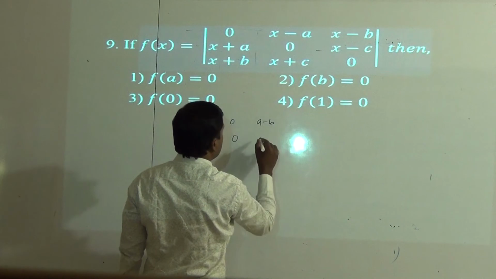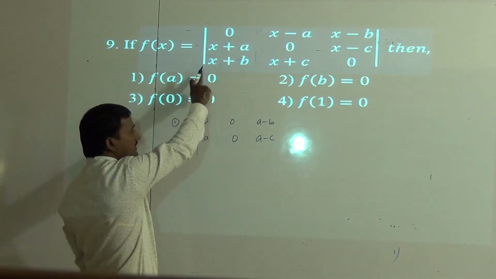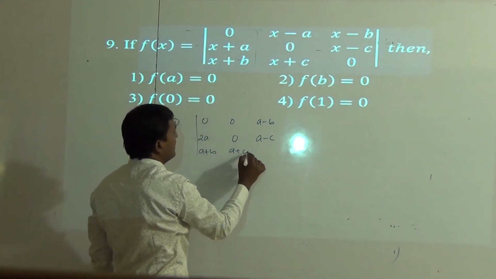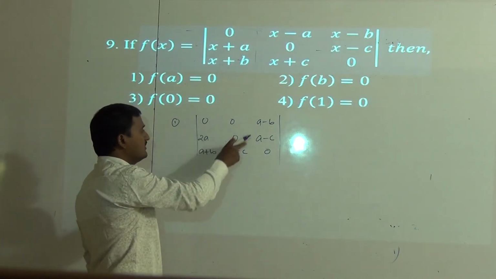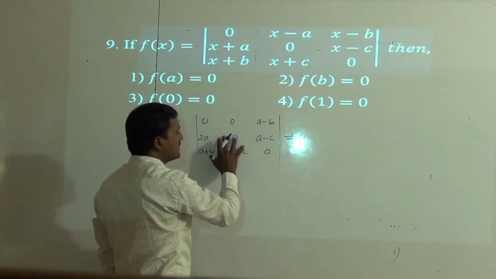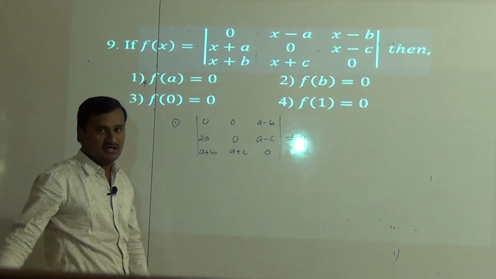So here it is a minus c, and replacing x by a, a plus b, a plus c, and here it is 0. Now after expanding this determinant, it is not equal to 0. Therefore the first option is wrong, right?